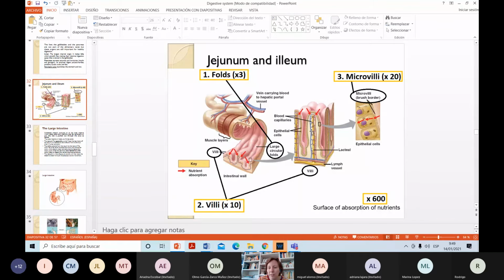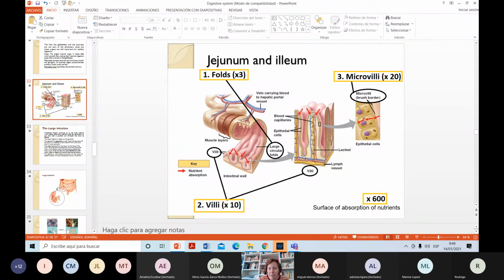And inside each villi, what I have is a lymphatic vessel. It's called lacteal, but it's just a tiny lymphatic vessel that is going to receive fats, because fats are bigger. And I also have capillaries that are going to receive amino acids and monosaccharides. They will pass directly to the capillaries.